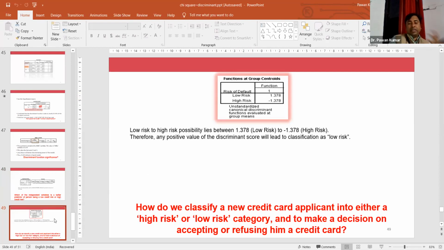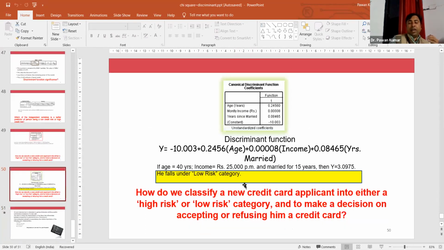So how do we classify whether the customer is high risk or low risk? We are going to determine the linear discriminant equation, using an equation like y is equal to alpha plus beta 1 x1 plus beta 2 x2 plus beta 3 x3.